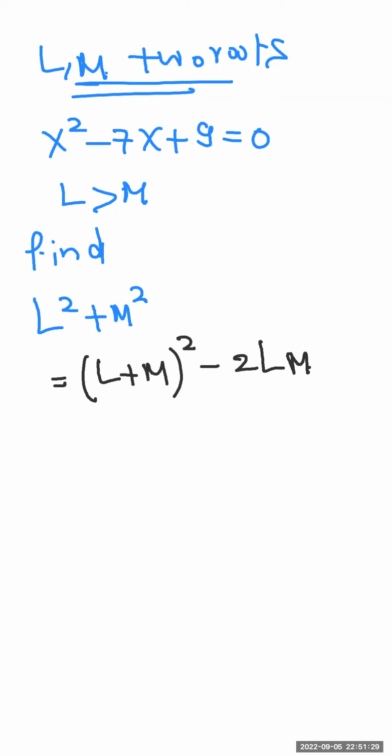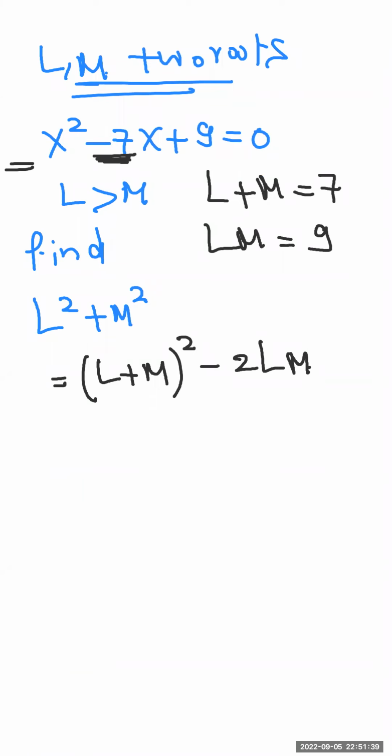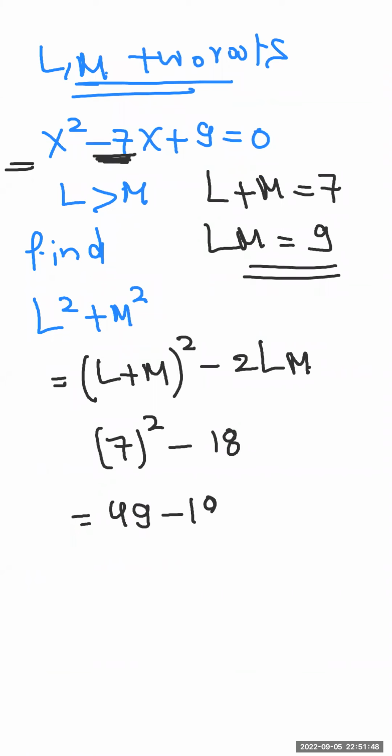Here, L plus M, the sum, equals from the equation negative b over a, 7. Lm, the product of the two roots, 9. So now L plus M to the power 2 means 7 squared, minus 2Lm means 18. So 49 minus 18 equals 31. Right? 31. That's it. Very easy, right?